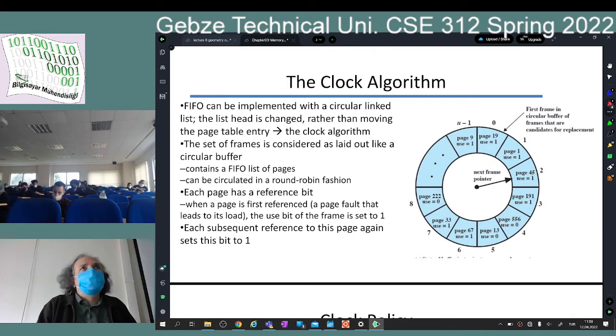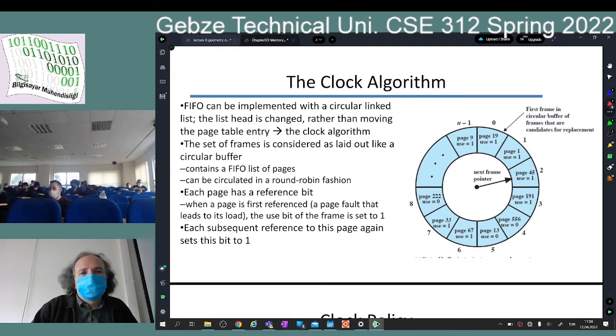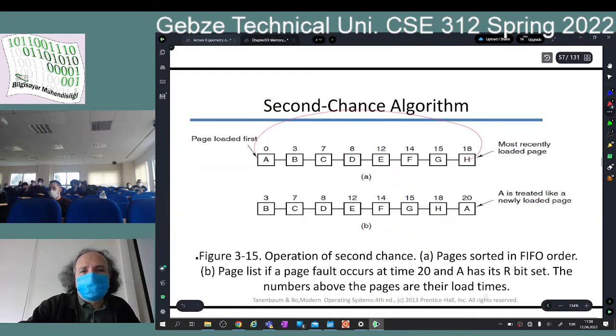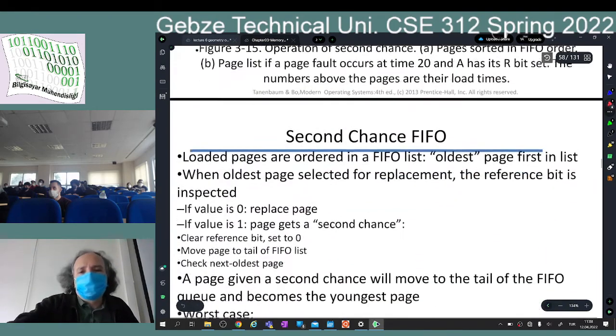Instead of cutting a node from the end of the linked list to the beginning, I am not going to do that, but I will keep a pointer to the current node, the current page. It will point to this one or that one, so it becomes like a clock.